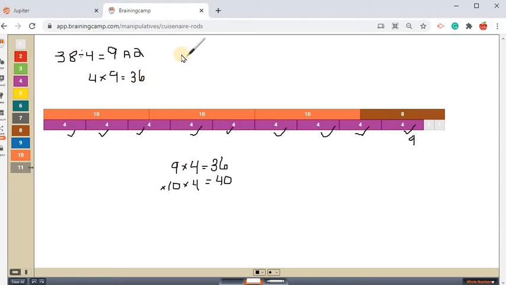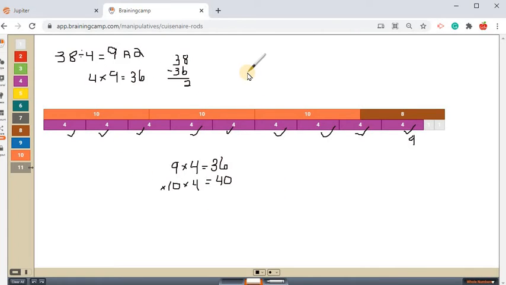And I know that 38 minus 36 means that there's 2 left over. So that's one way to look at this math.